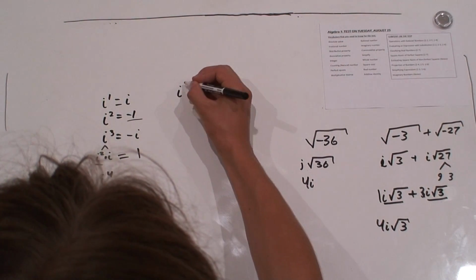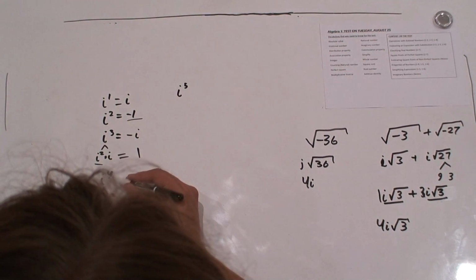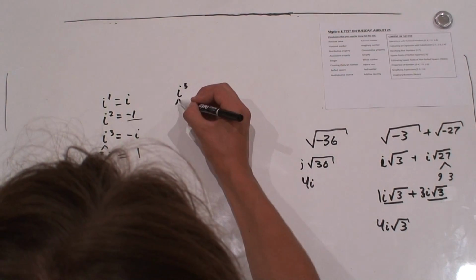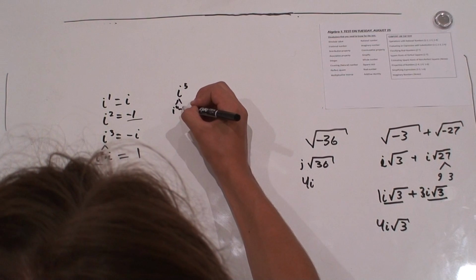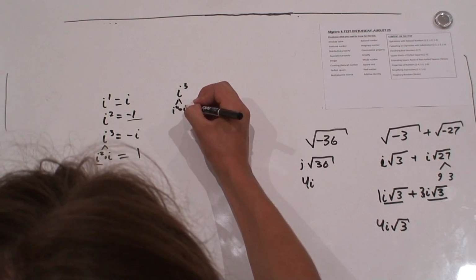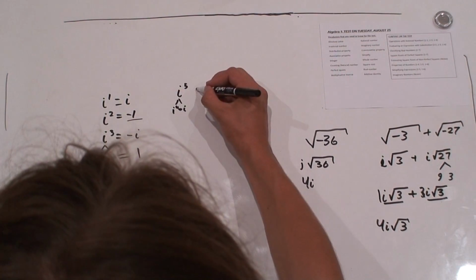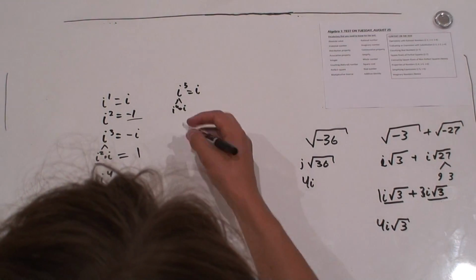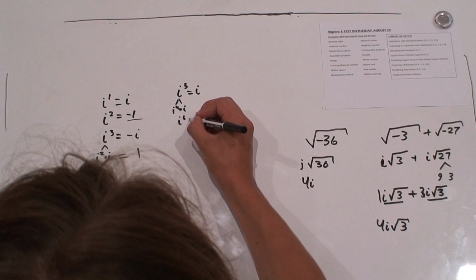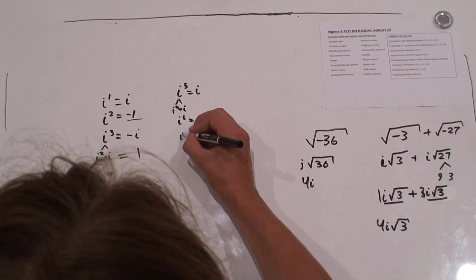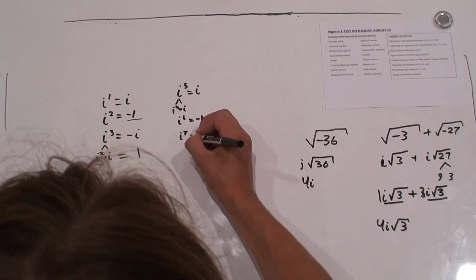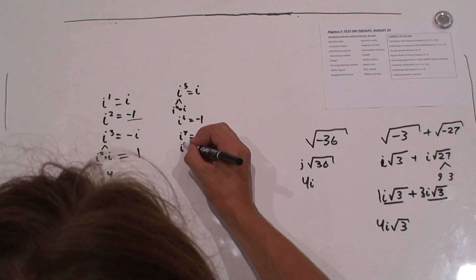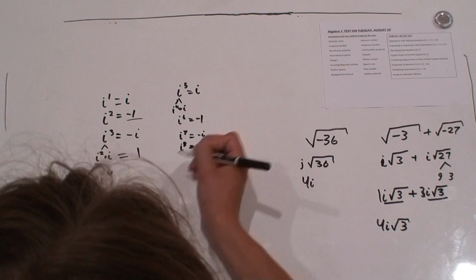If you have i to the fifth, you just said i to the fourth was 1 times a single i, which is i. We'll find, as you go through this pattern, that i to the sixth would be -1, i to the seventh would be -i, and i to the eighth would be 1.